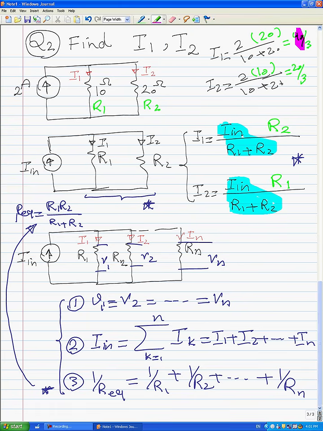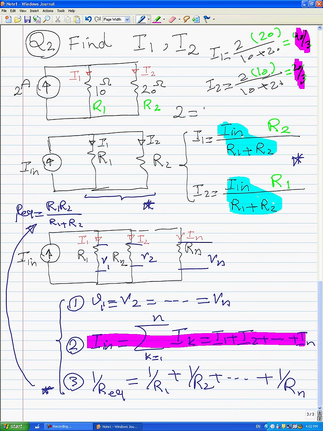Okay, how can we check our answers? It's easy and important. Our answers should satisfy this equation, which means in this question, the 2 amps total current should be equal to I1 plus I2.